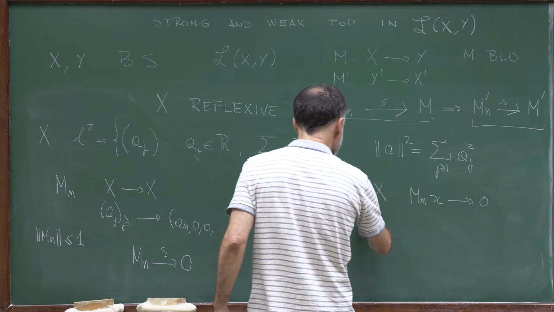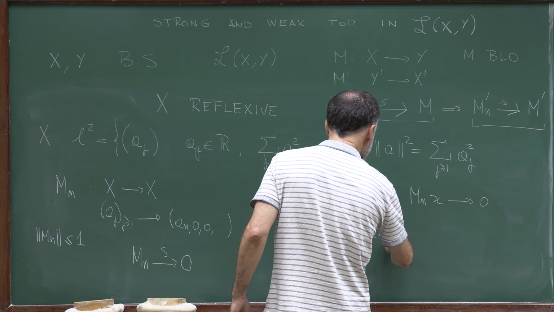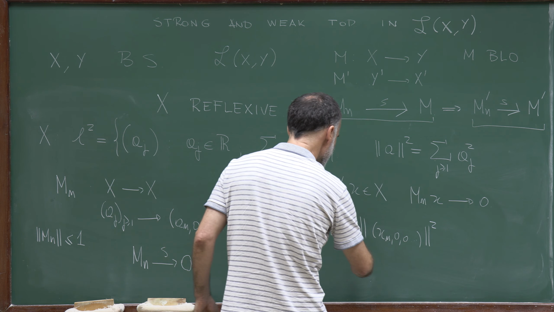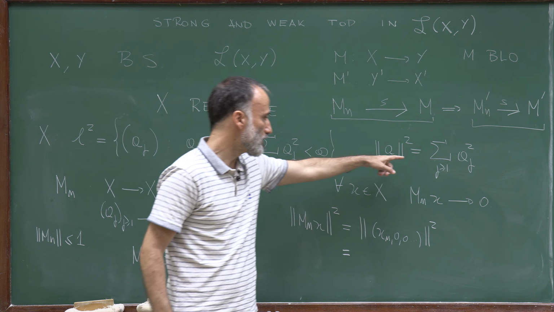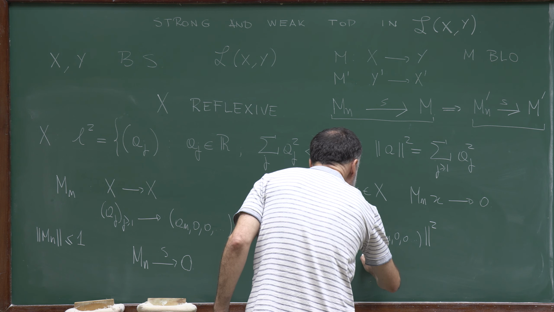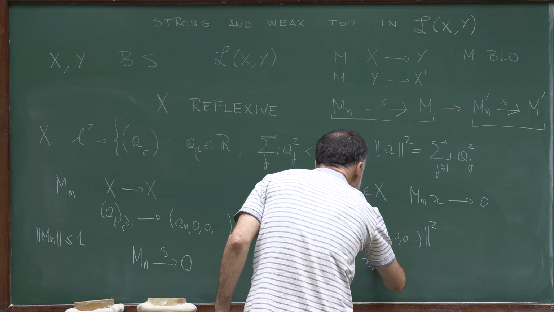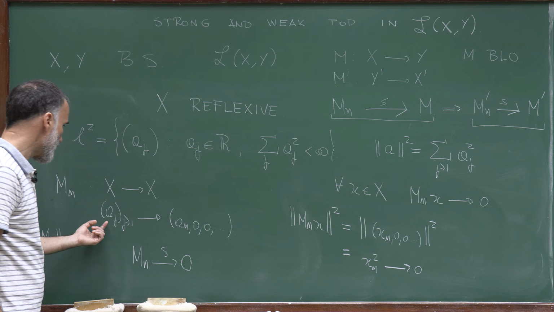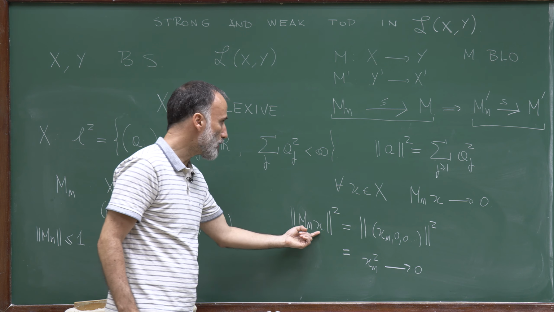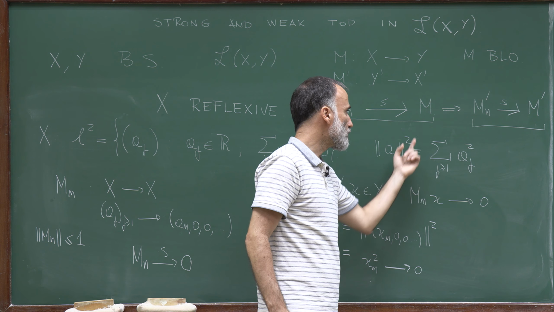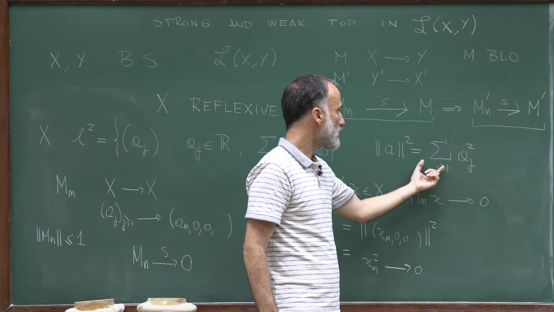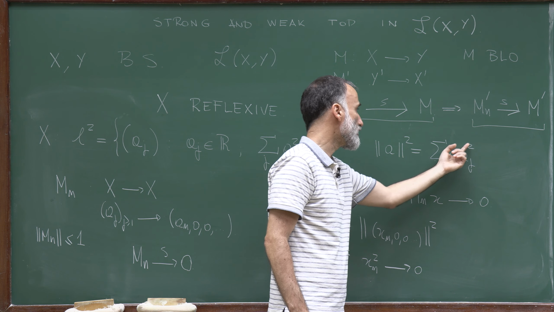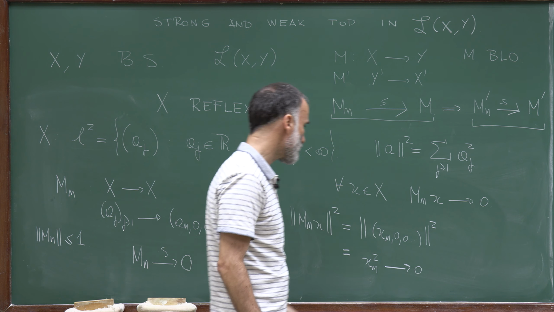So this is the norm of the sequence xn, 0, 0, 0, squared. And, well, by definition, this is xn squared. And this, of course, converges to 0 because the sequence x belongs to L2. So the square is summable, which means that the terms xj squared converge to 0, so xn squared is converging to 0.